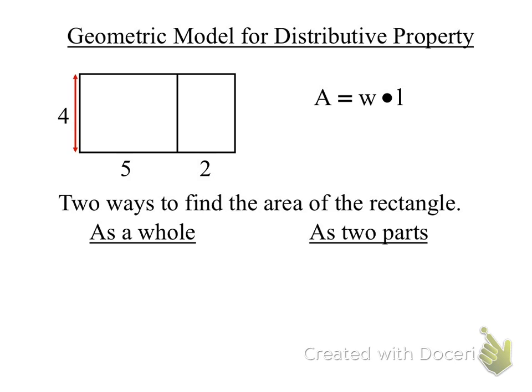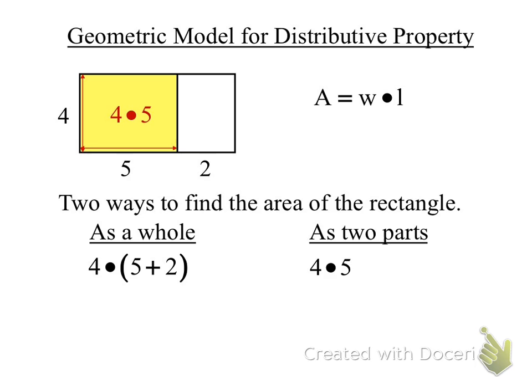So we're doing our area is equal to length times width. If I'm doing my width times length, they're interchangeable. As a whole, I'm doing the 5 plus 2, and that's 4 times 7. As two parts, I can take the measure of 4 times the measure of 5, and that makes 20.